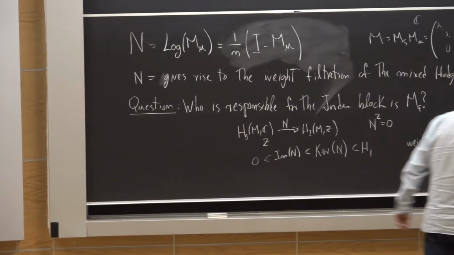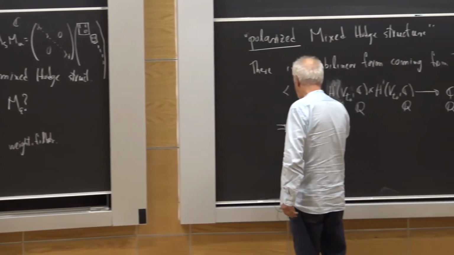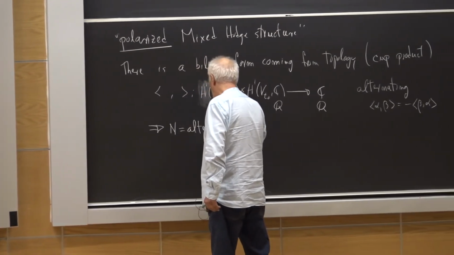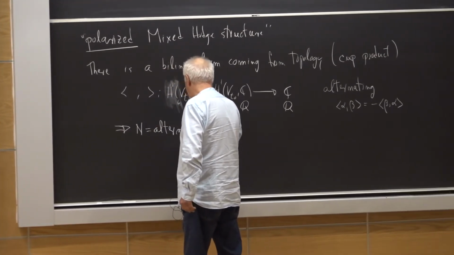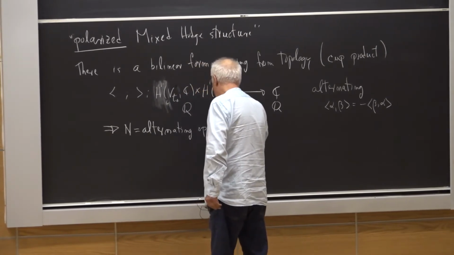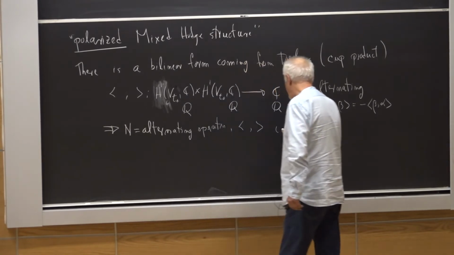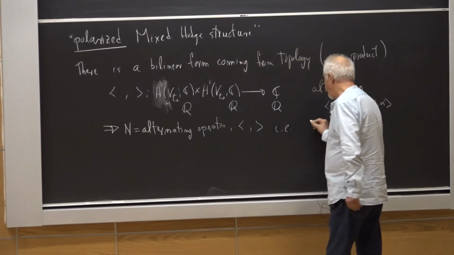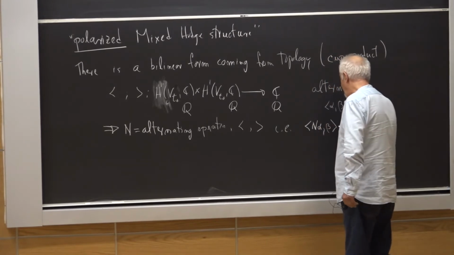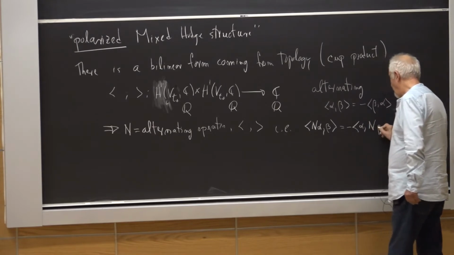And so this implies that the N is an alternating operator with respect to this coproduct. This means that N alpha with beta is equal to minus alpha with N beta.